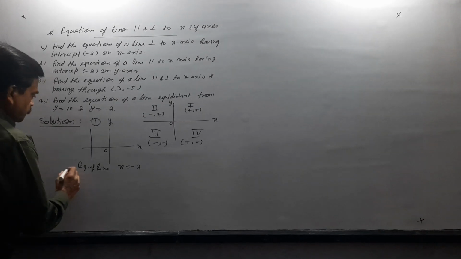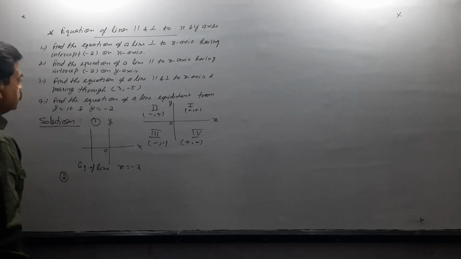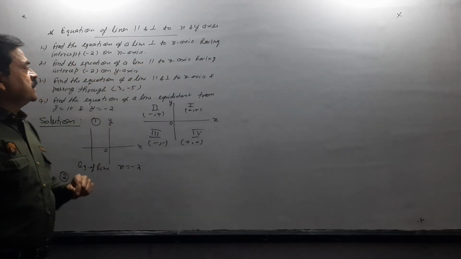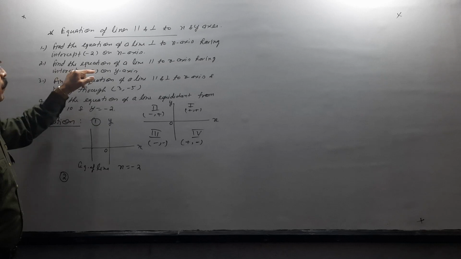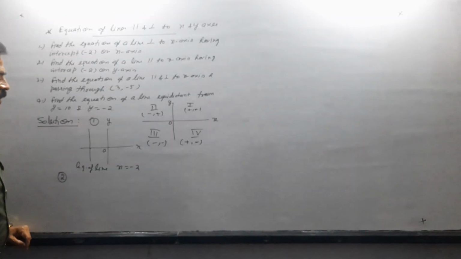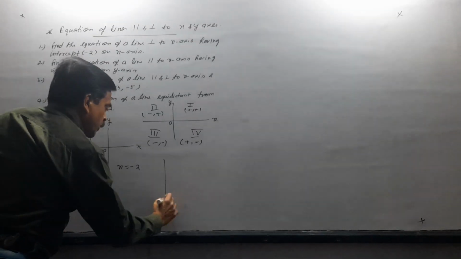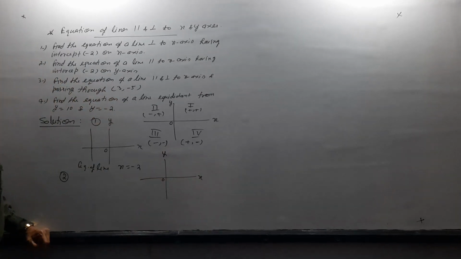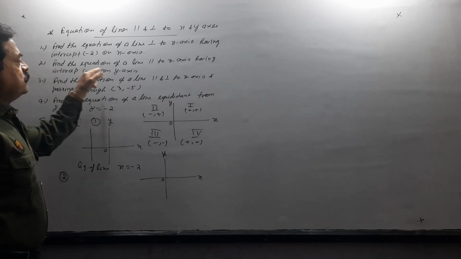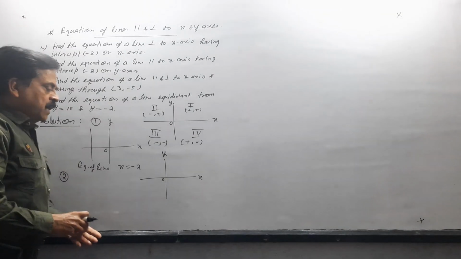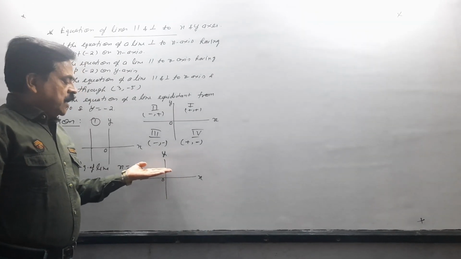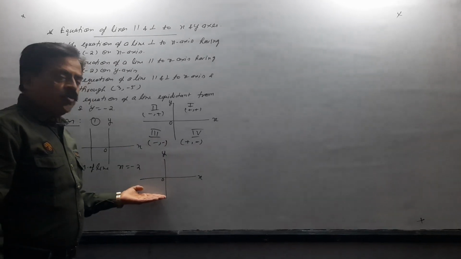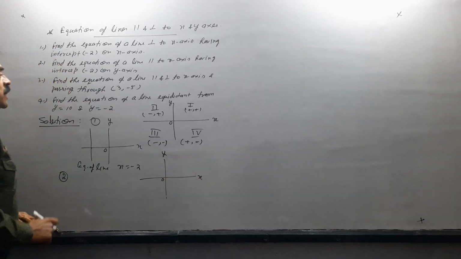Second question. Find the equation of a line parallel to x-axis having intercept -2 on y-axis. Another coordinate system is here, x-axis, y-axis, origin. Line is parallel to x-axis, so the line will be above origin or below origin, intersecting y-axis.